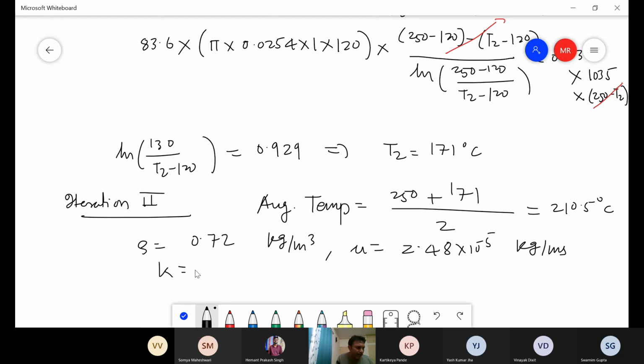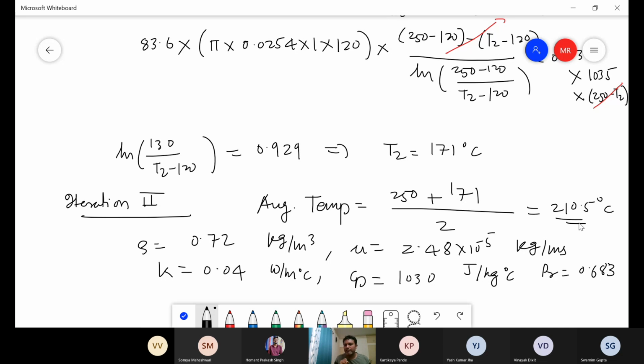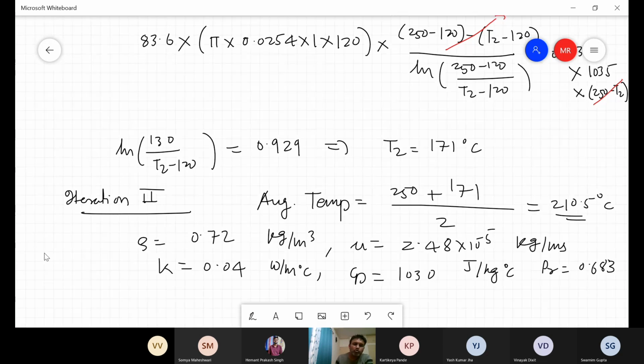K is given as 0.04 watt per meter degree Celsius, and Cp is given as 1030 joule per kg per degree Celsius, and Prandtl number is given as 0.683. So these are the new properties at this particular temperature. Now we have to repeat all the calculations again.